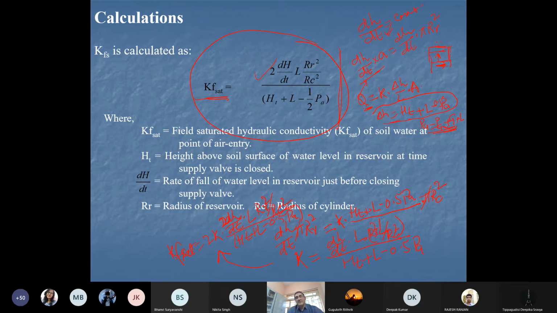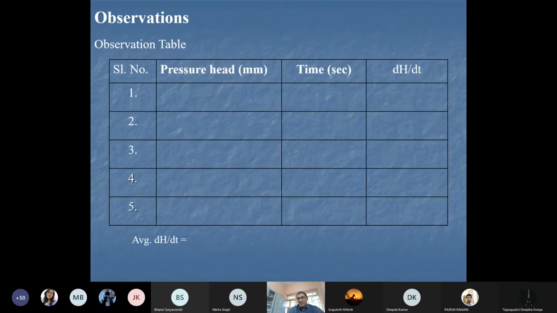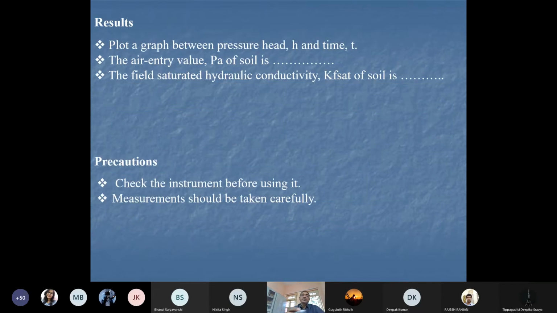And if we have these observations, we can find, quickly or in a very short period of time, the saturated hydraulic conductivity of the soil. So now the observation table is already given to you, and then finally you need to show your results.